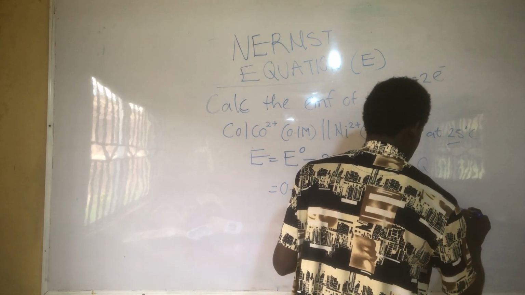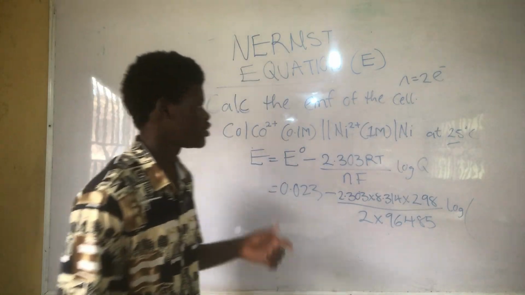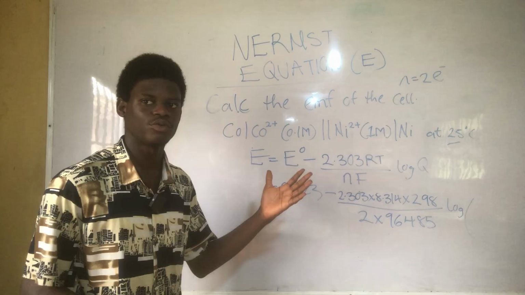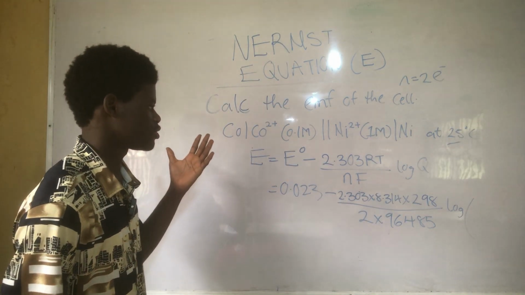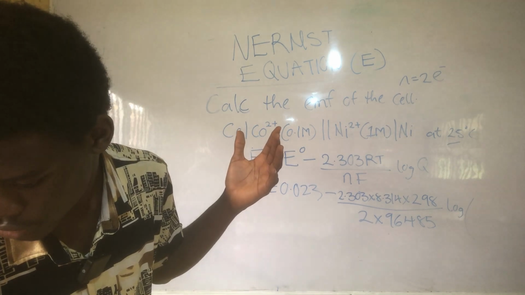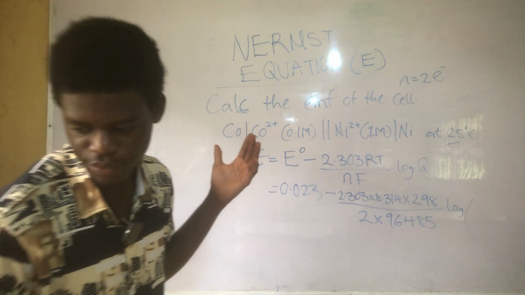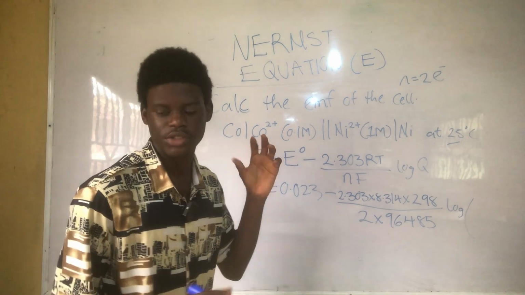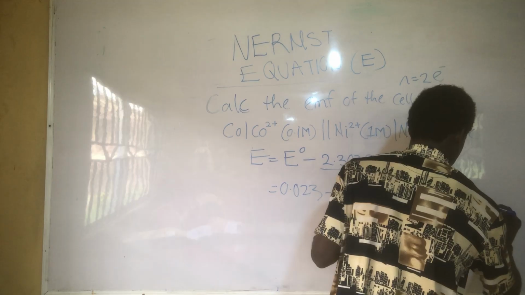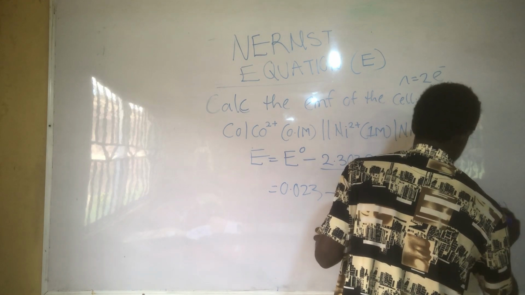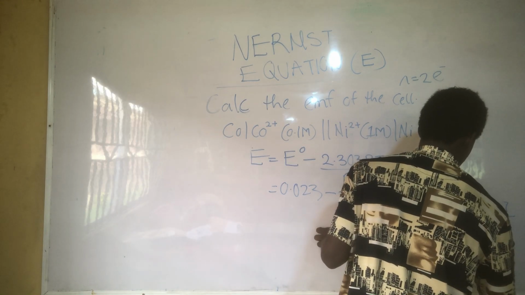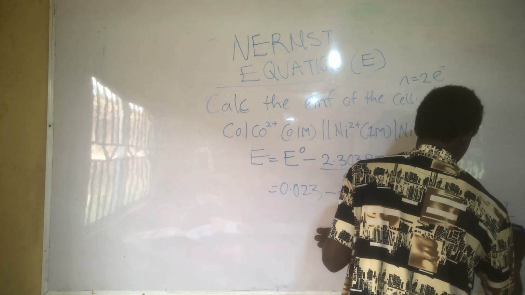Then our log Q, I told you Q is the concentration of the product over the concentration of the reactant. Now what's the product? From the equation, you see that the product is cobalt. The product is the concentration of Co2+ over the concentration of nickel.